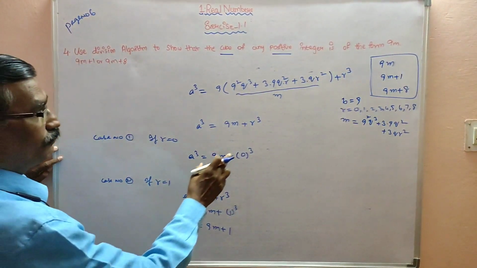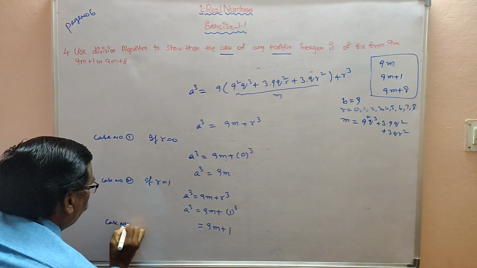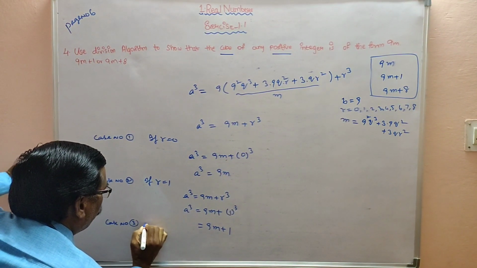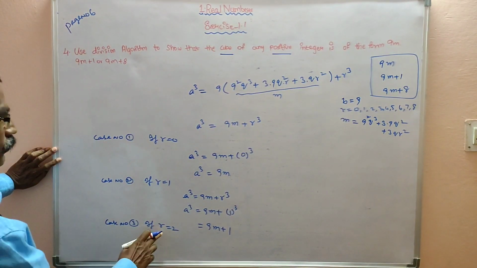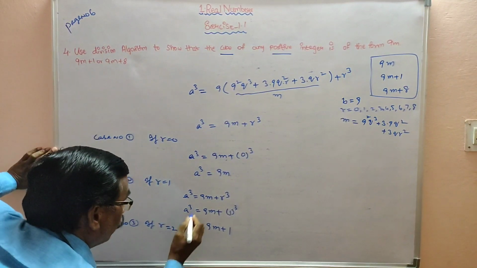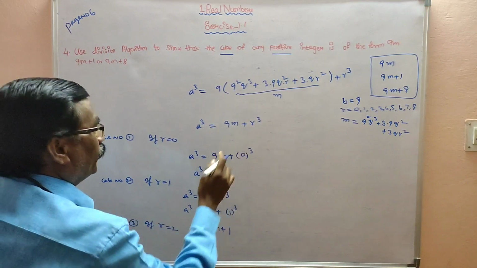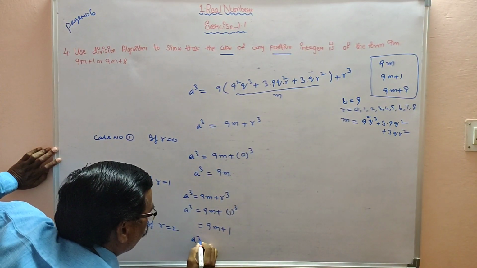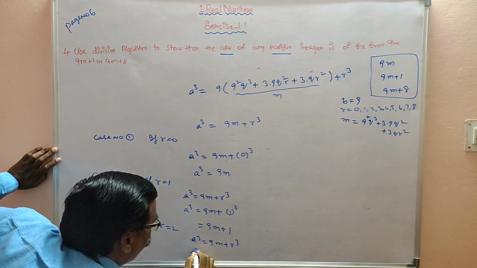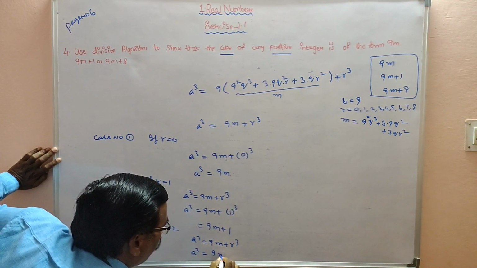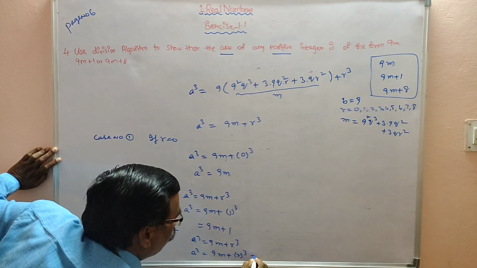If I am taking case number 3, if r equal to 2, then a cube equals 9m plus r cube. That means 2 whole cube, which is 8.